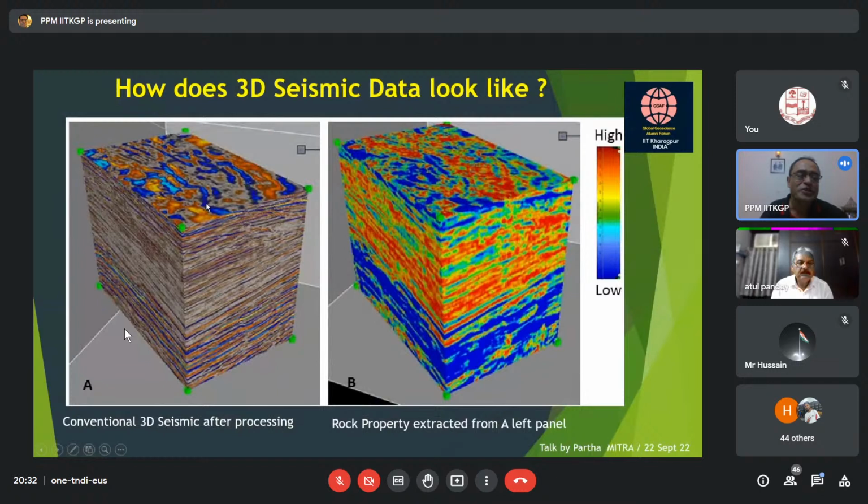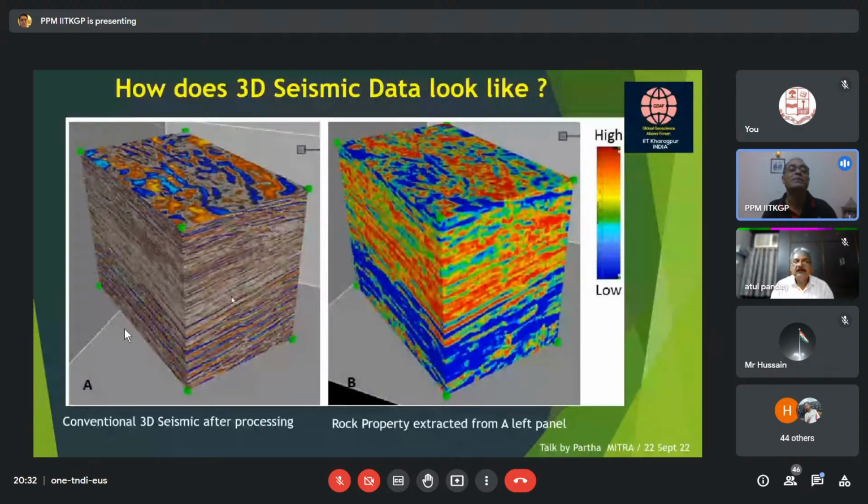Suppose you want to extract the rock properties from here, then you have to use some kind of mathematical model. तो हम क्या करते हैं, ये जो seismic data 3D seismic data है, इसके ऊपर हम कुछ एक्सपेरिमेंट करते हैं. एक्सपेरिमेंट करने के बाद कुछ मैथमेटिकल मॉडल बनाते हैं, एंड वो मैथमेटिकल मॉडल के हिसाब से ये seismic data को हम एक प्रॉपर्टी में कन्वर्ट करते हैं. मान लीजिए ये हमने जो एस्टिमेट किया है, इट इज अ डेंसिटी क्यूब.